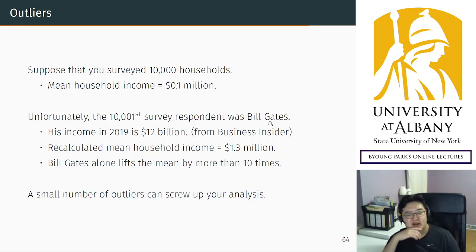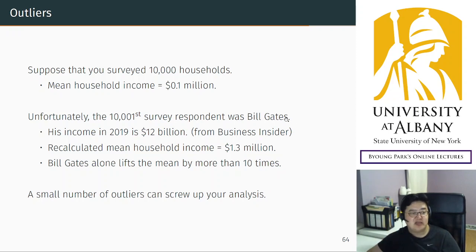By the way, I had to update, he updated his divorce, and maybe Elon Musk or Warren Buffett or Jeff Bezos. Maybe just think about anyone, any rich person. Anyhow, you met a super rich person here, Bill Gates.